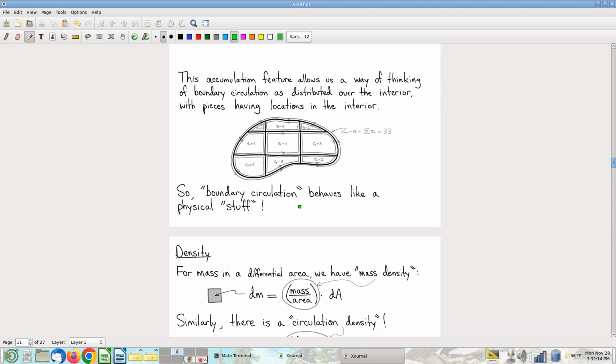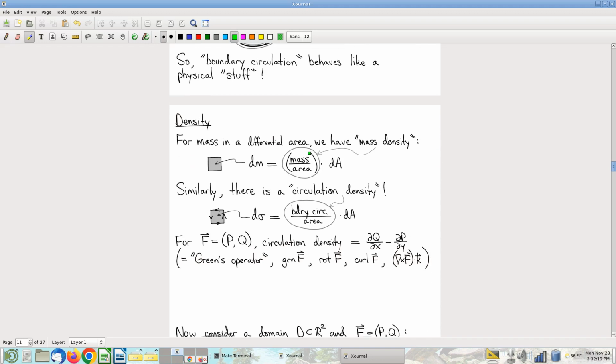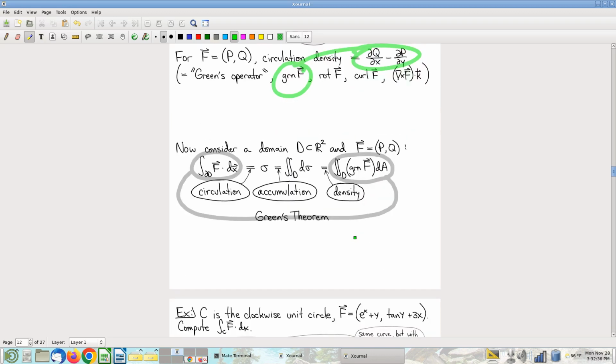And then, if we're talking about a stuff, you can talk about stuff per unit size, aka density, right? And we gave that a name. I like to call it Green's operator, and this is the formula for it. The details of deriving it are not what I want to focus on. And bam, we got ourselves a theorem. That's how Green's theorem went down.